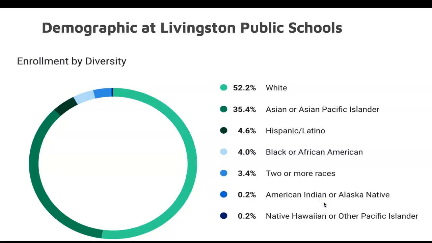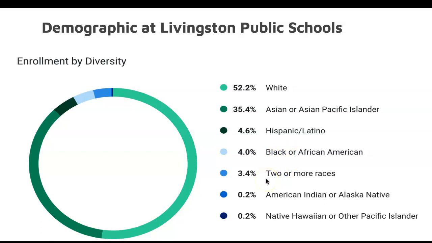So here at Livingston Public Schools, this is just a screenshot of our enrollment and our demographic information. We are a predominantly white district. As you can see here, we have 52.2% white, 35.4% Asian and Pacific Islanders, 4.6% Latino, 4% Black, 3.4% two or more races, and the rest.